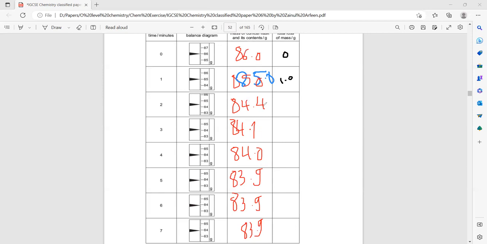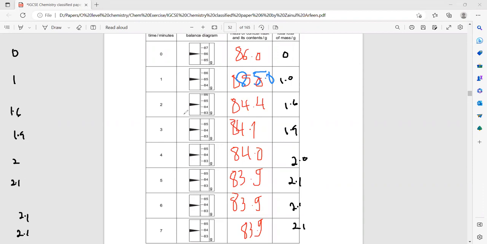So how much mass has decreased? 86 minus 84.4, so that's equal to 1.6. This will be 86 minus 84.1, so 1.9. This will be 2.0. This will be 2.1, 2.1, and 2.1. So we have the change in masses 0, 1, 1.6, 1.9, 2, 2.1, 2.1, and 2.1.